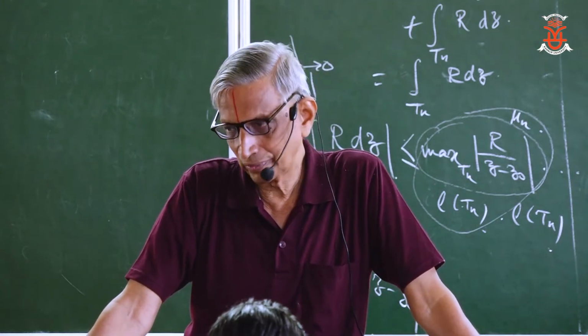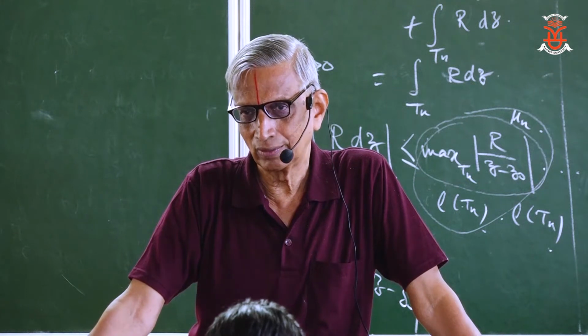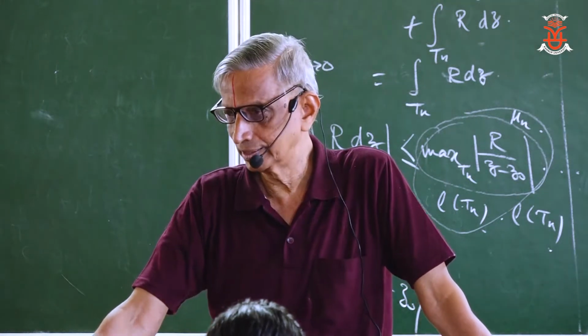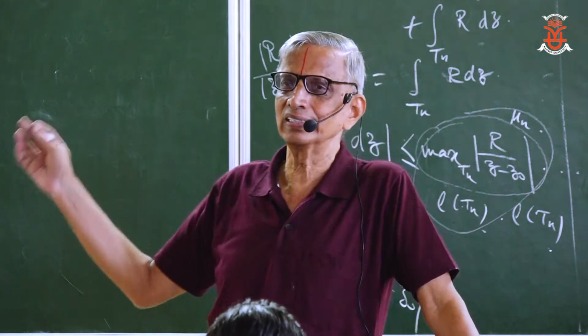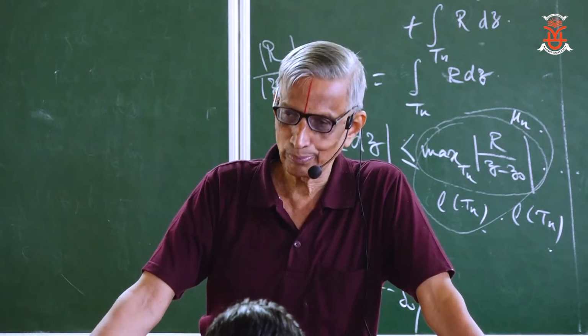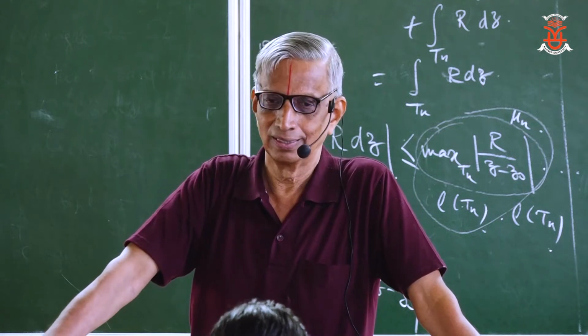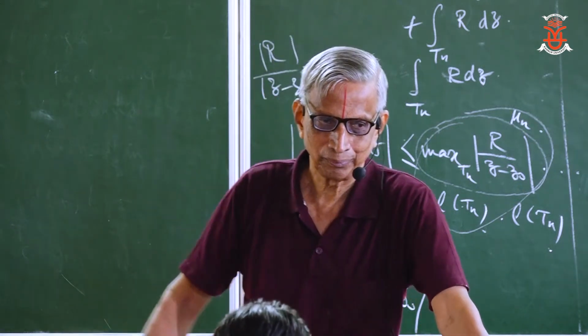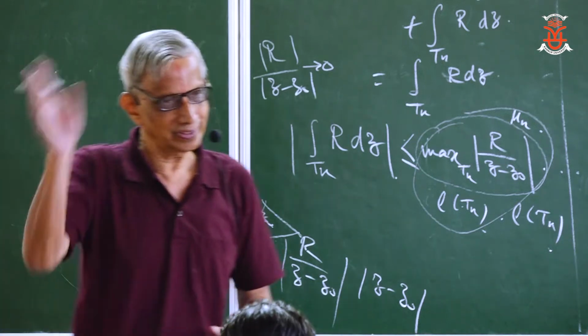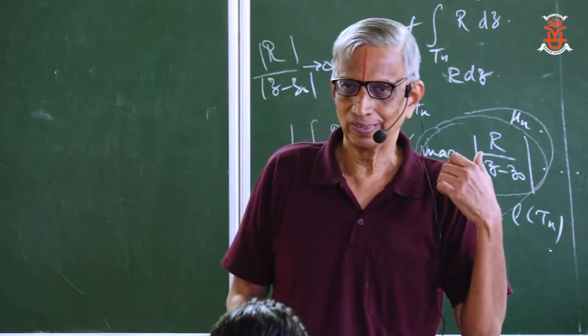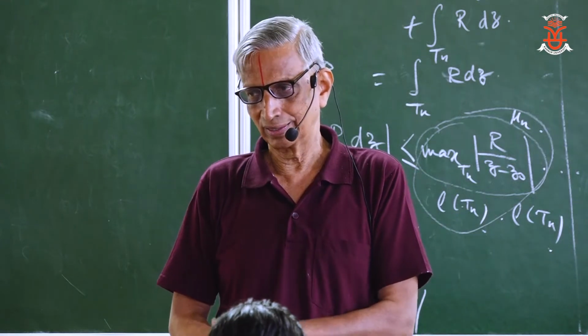Actually, we can prove what is apparently slightly stronger, namely that any analytic function in a star-shaped domain has a primitive. Once a function has a primitive, the integral along a closed curve is going to be 0, as we already mentioned, right?